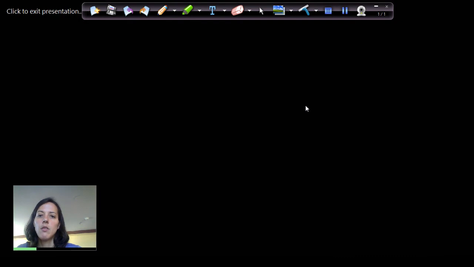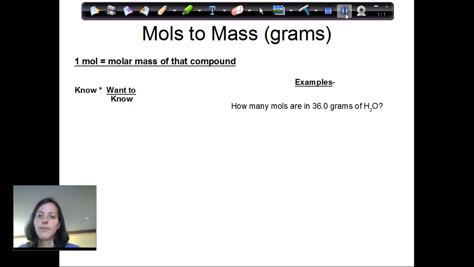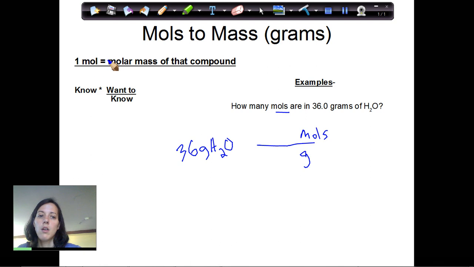So we know we have 36 grams of water. That's what we know, grams. We want moles, so we're going to put moles on top. And our unit equality tells us that 1 mole equals the molar mass of that compound.